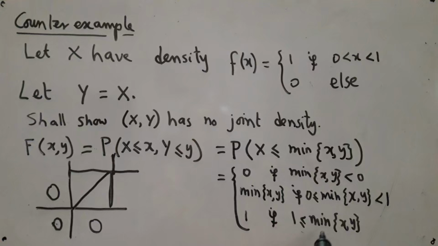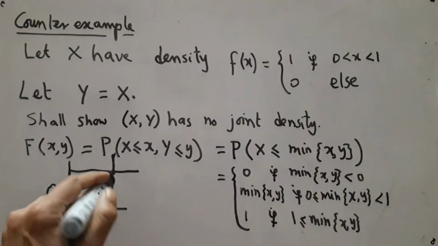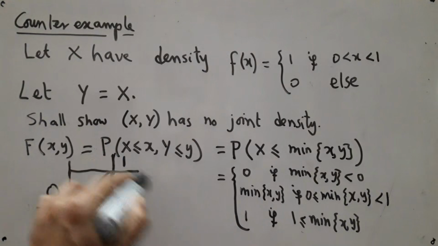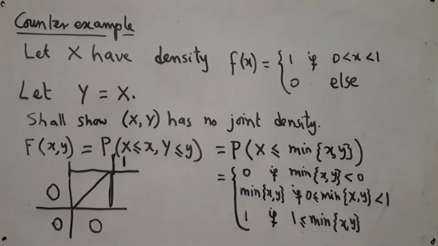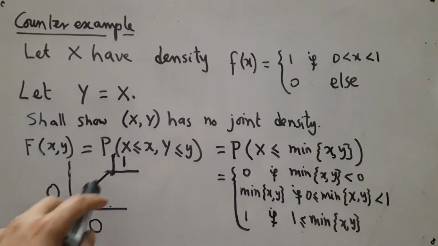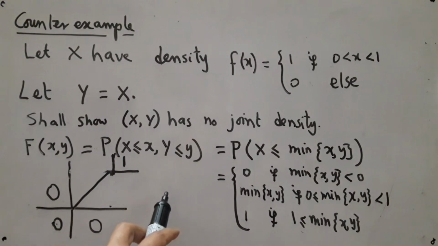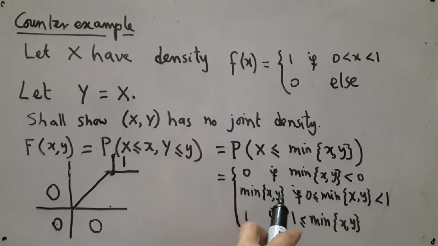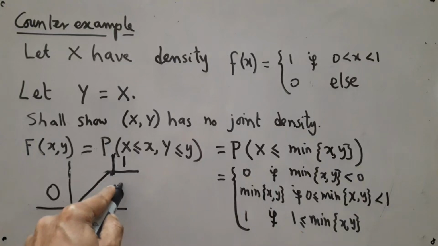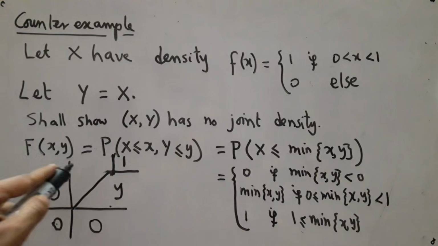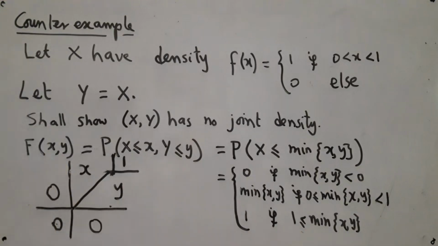Similarly, this case means minimum is greater than or equal to 1, which means both of them are greater than or equal to 1, then it is 1. Now, for this part, the minimum is y, because y is less than x, and that minimum is less than 1, but it is positive, so we are in this situation, so here it will be y, and by a symmetric argument, here it will be x. So these are the simplified versions of fxy over different parts of the plane.